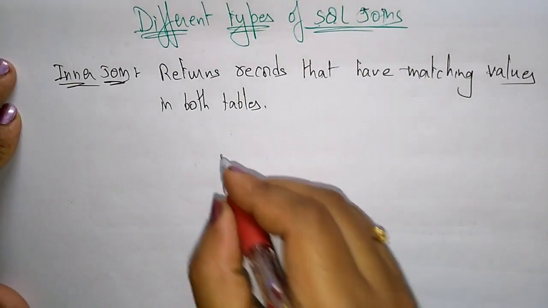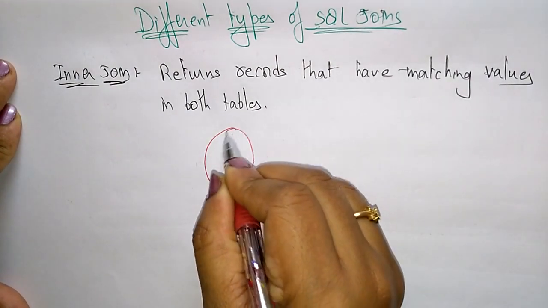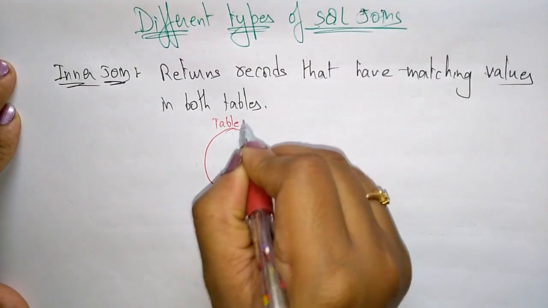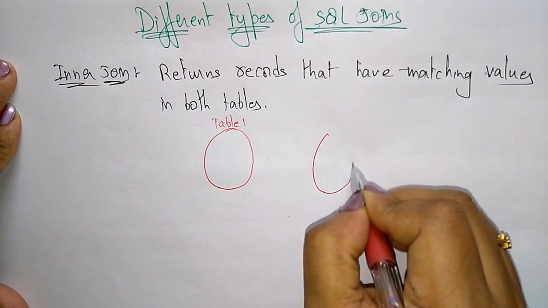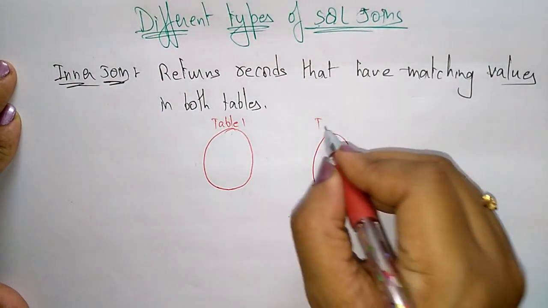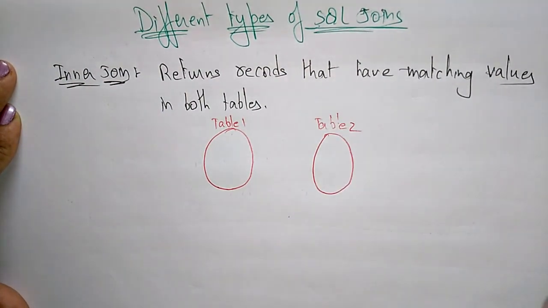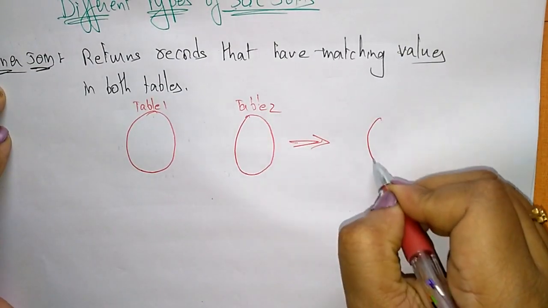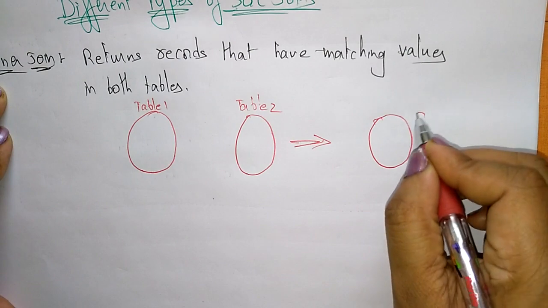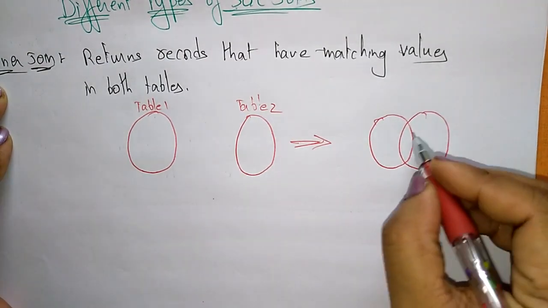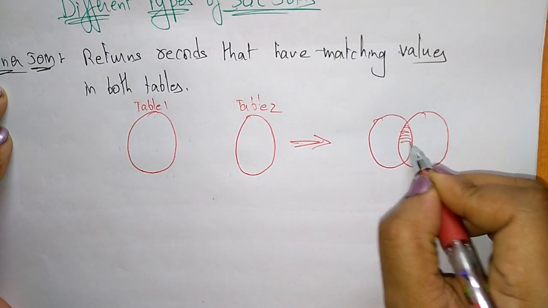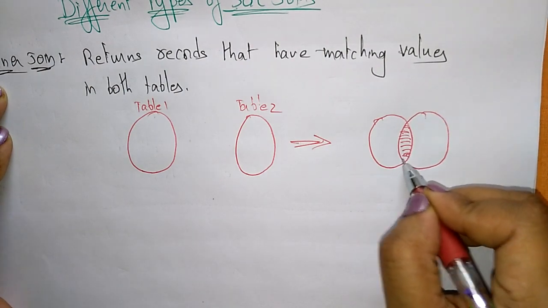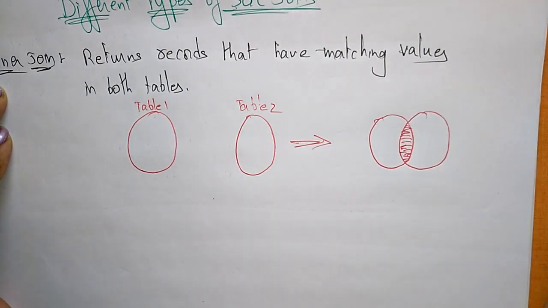So this can be represented with, so this is one table, table 1. Suppose this is another table, table 2. Okay, these are two tables. So when I do the inner join, it returns only the items that are having the matching values in both the tables.